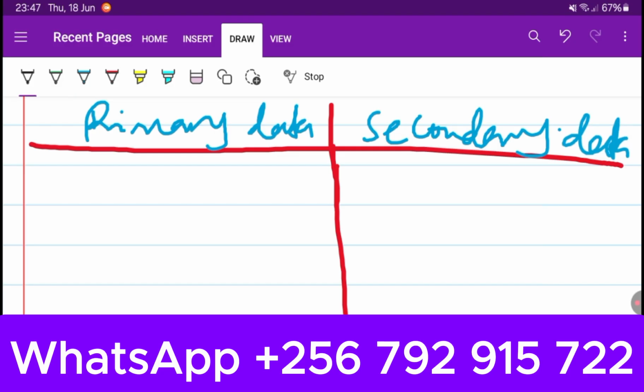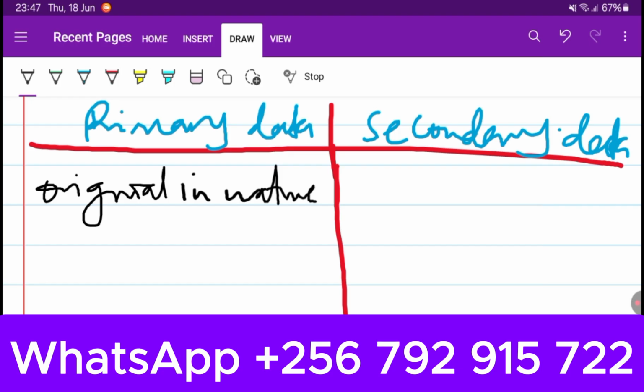Of course, we have said that data this side, for primary data, is original in nature, meaning it's going to be more reliable and more accurate. Then this side, the data is not all that reliable because it's not original.